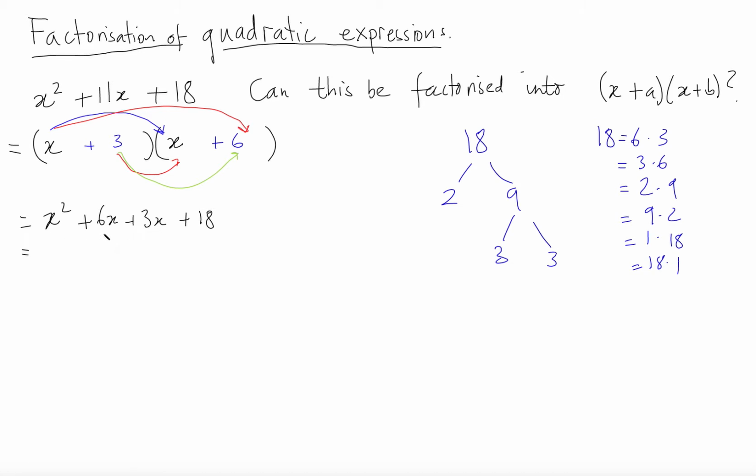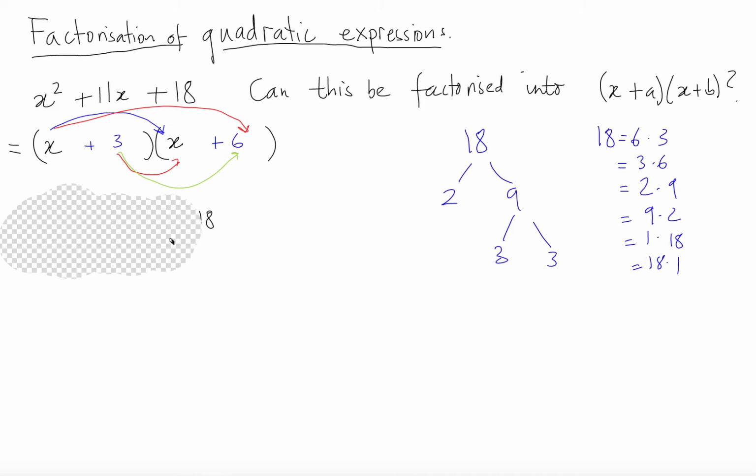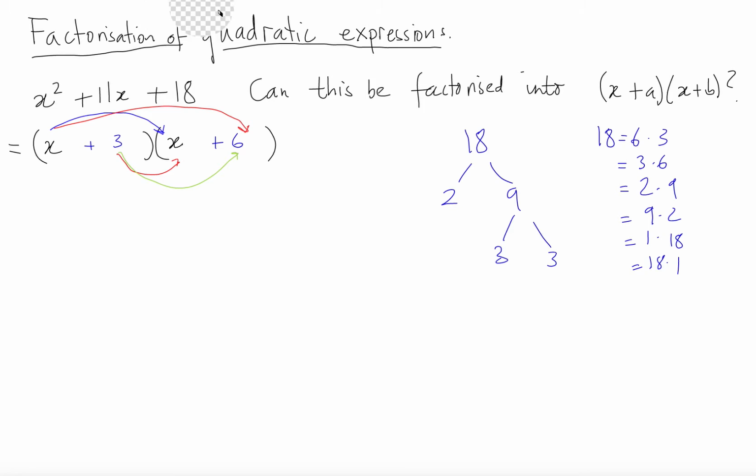If we combine the terms, this will give us x squared plus 9x plus 18. And what do we want? We wanted 11x. So that doesn't work. We've got 2x too little. Let's try again. So we can cross out this one and we can cross out this one.